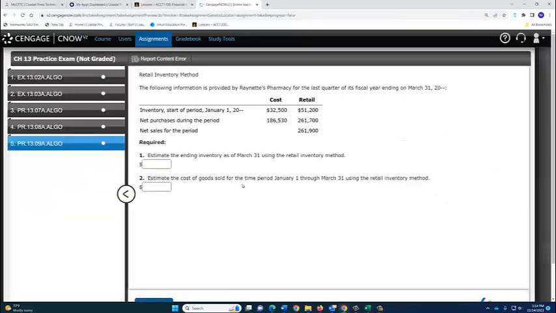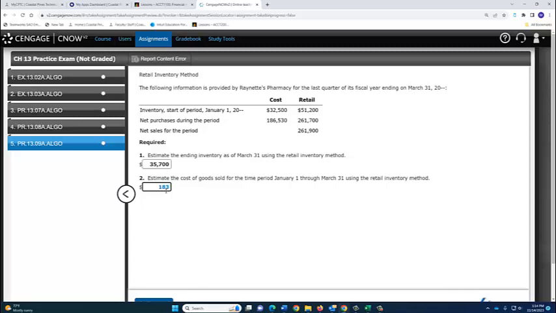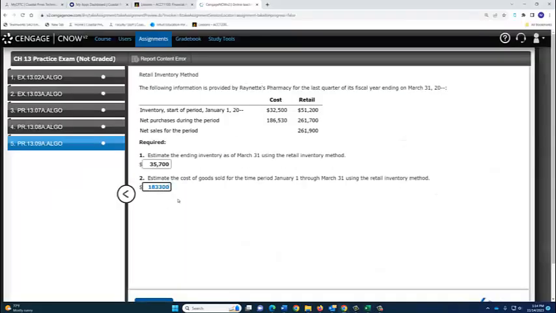So we'll go back and enter the ending inventory at 35.7, and the cost of goods sold was 183,300 maybe, can't remember, 183,330. Okay, and let's check those to make sure they're right.